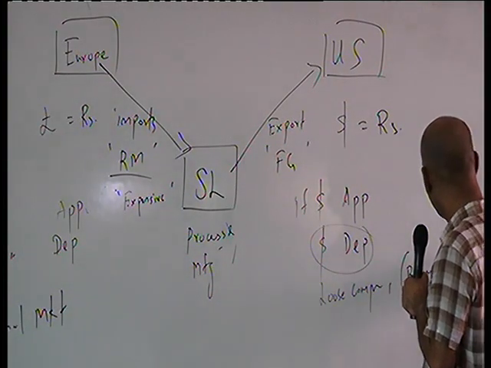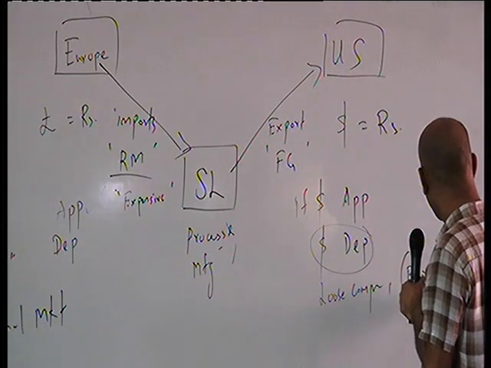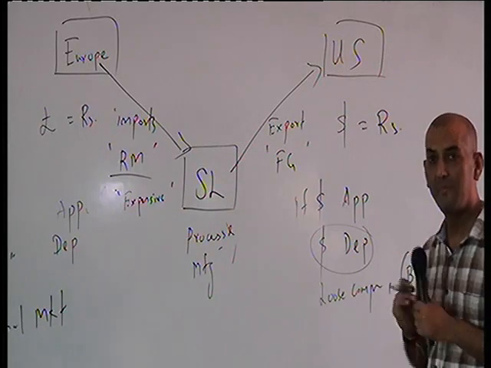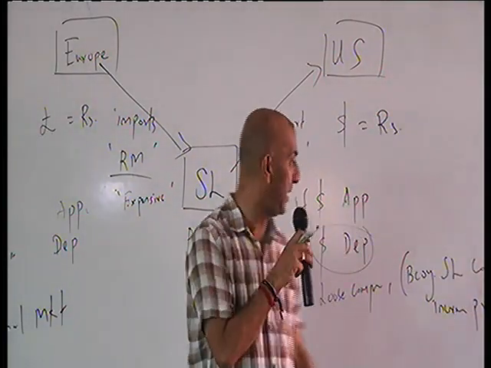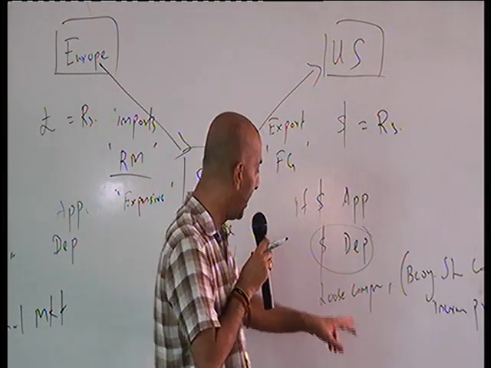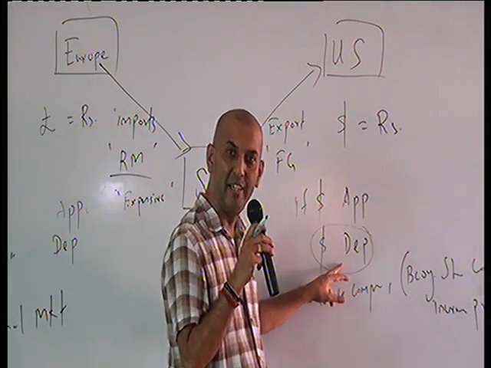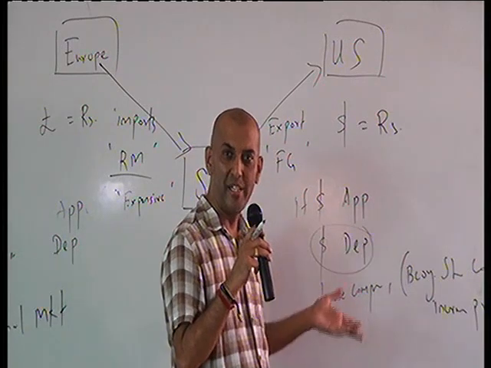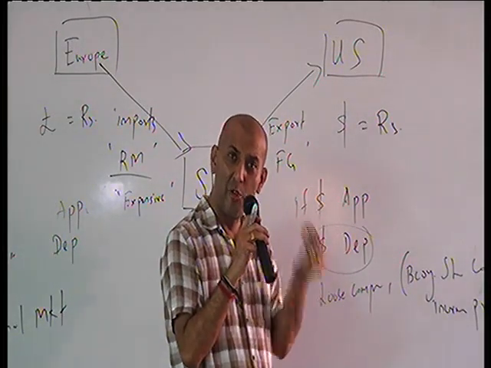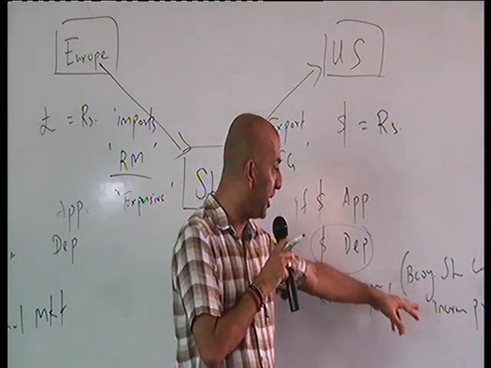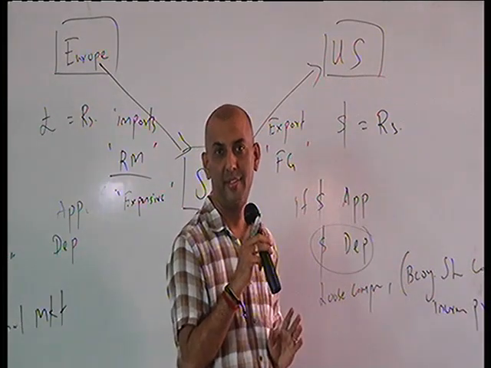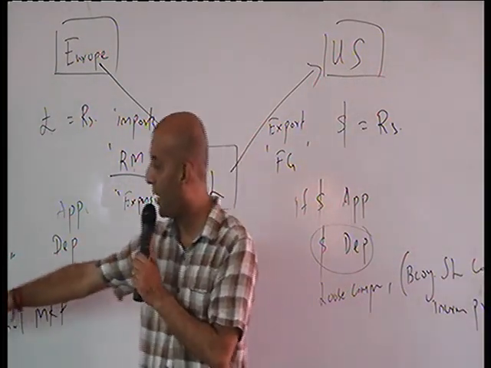Why? Because the Sri Lankan company increases the price in order to compensate for the dollar depreciation. Since the dollar is depreciating, we are losing rupees, so we want to increase the price. When we increase the price, we lose competitiveness.